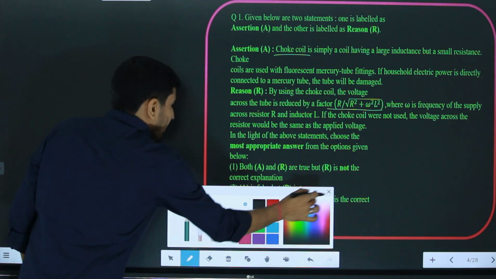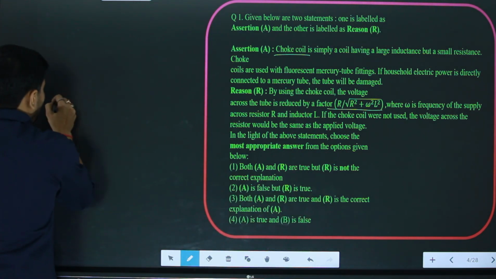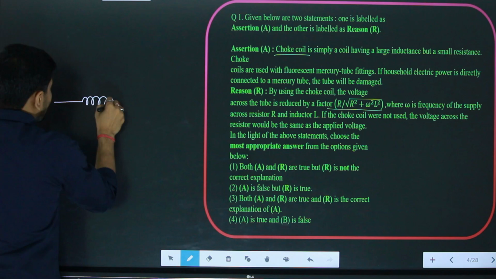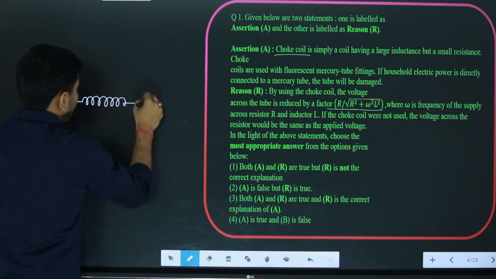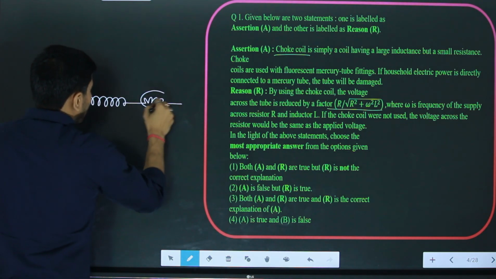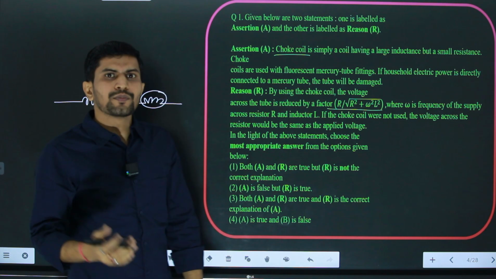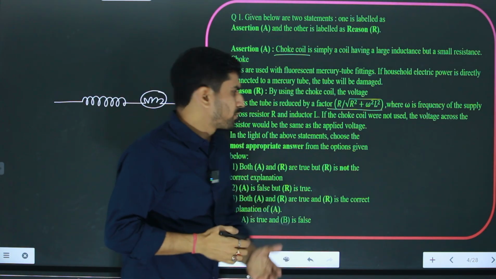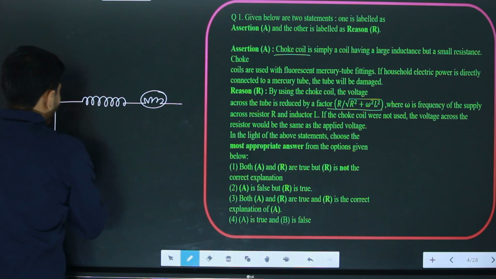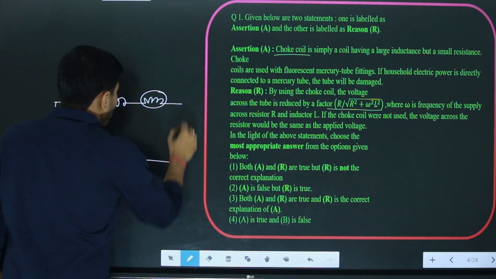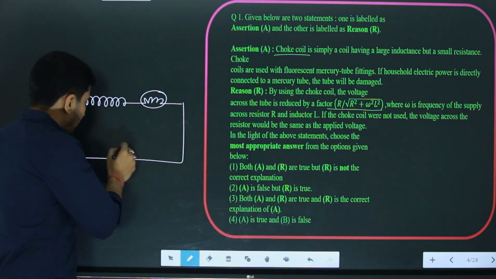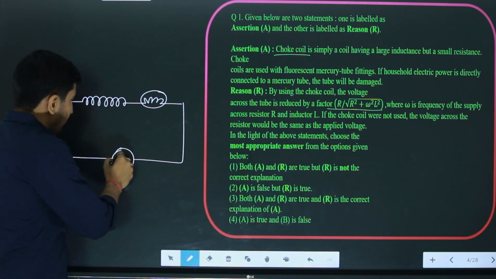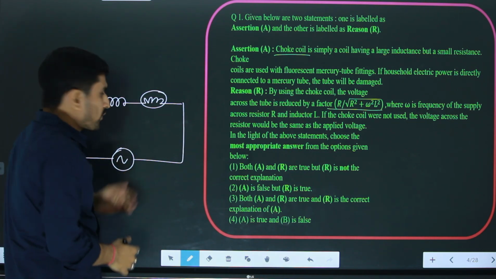Let me explain this with the help of the circuit diagram. Let's say this is the choke, the inductor, and this is the mercury bulb. Every bulb comes with some rating, the specified voltage and specified current or power, right? Therefore, a particular bulb cannot be exposed to the voltage directly, because the voltage can be anything.